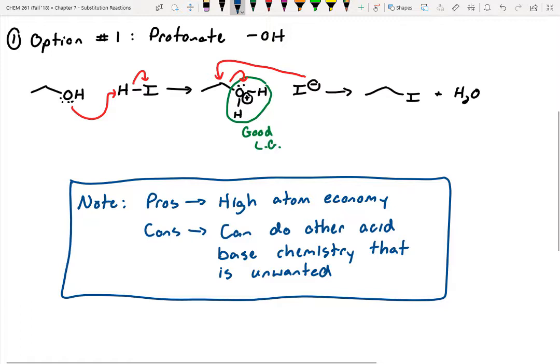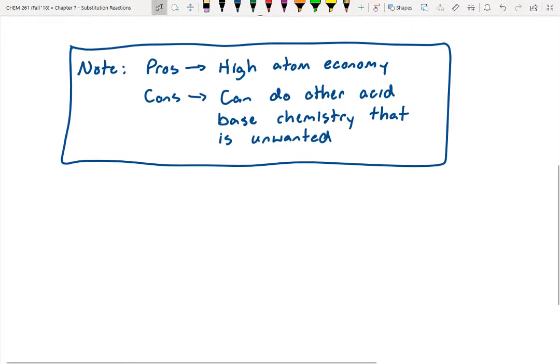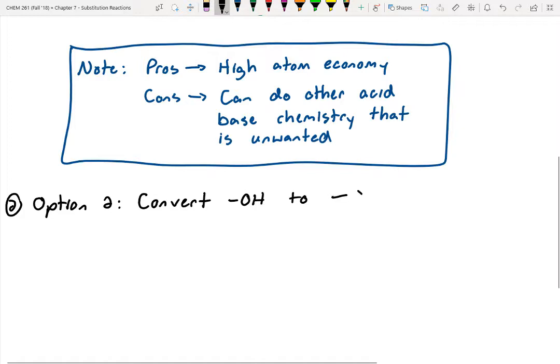All right, I'll show you the other option that gets a bit fancier. And that is to convert your alcohol to a different functional group.